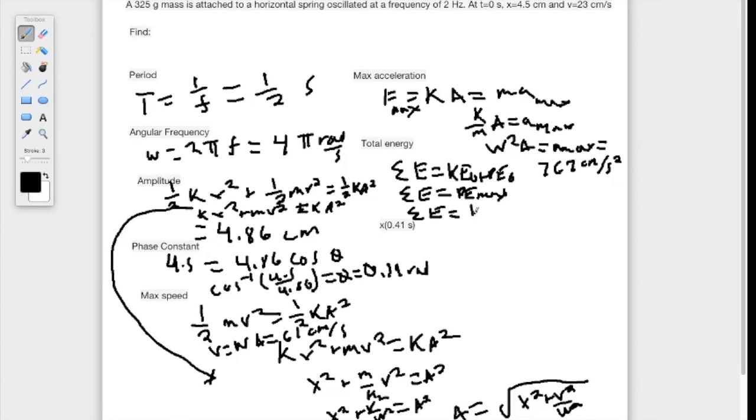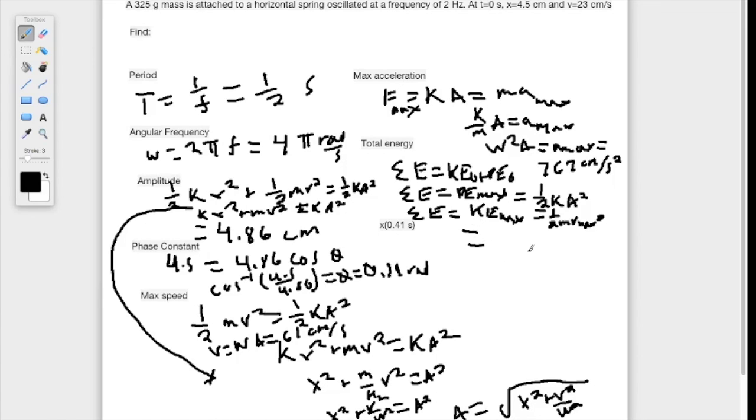So up to you. If you do that, it would be 1/2 ka squared, or 1/2 m v max squared, or 1/2 mv squared plus 1/2 kx squared at time equals 0.